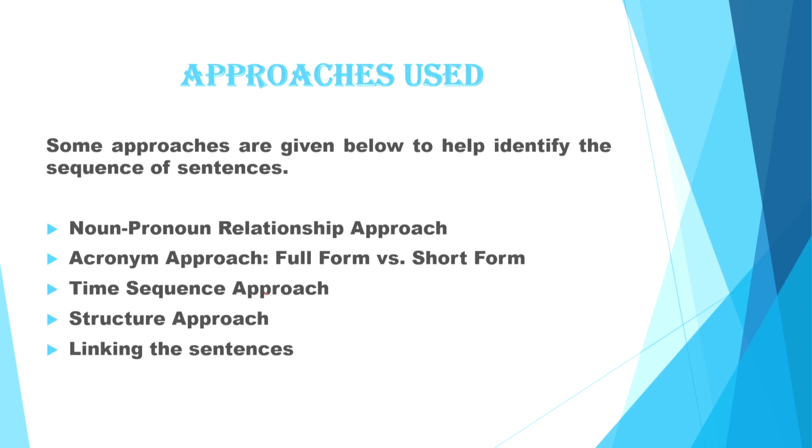So, most of the information given in parajumbles is unnecessary for the purpose at hand, that is, sorting the sentences. In essence, what we are looking for are things that can help us in connecting the sentences. So, some approaches are given below to help you identify the sequence of sentences.